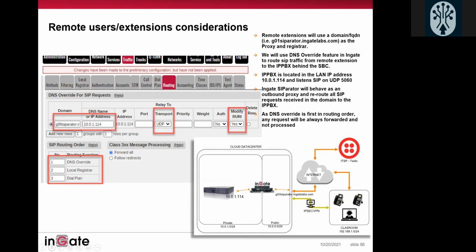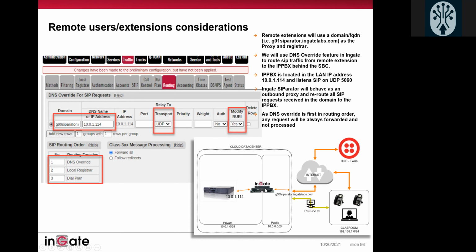Going back to our original diagram, what are we doing right now? We are trying to enable, in this remote office, which is your home office or wherever you are located right now, phones to register to the PBX through the Ingate.